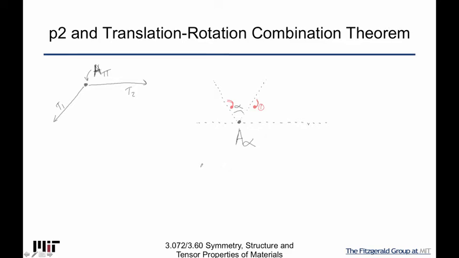Now remember, the point of this is we're trying to combine these two. So if I go back to my operational notation, what I'm saying is I'm going to have some alpha, and I'm going to operate on it with some translation, just to make it specific, some sort of T1.